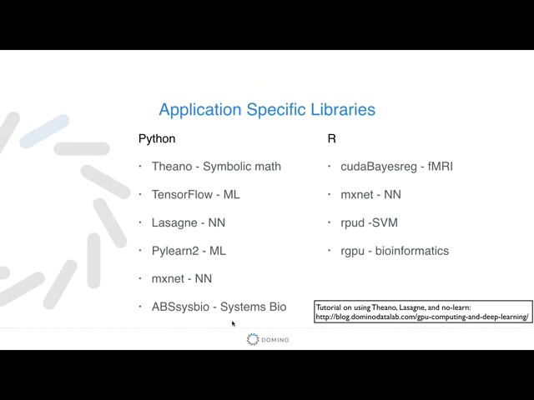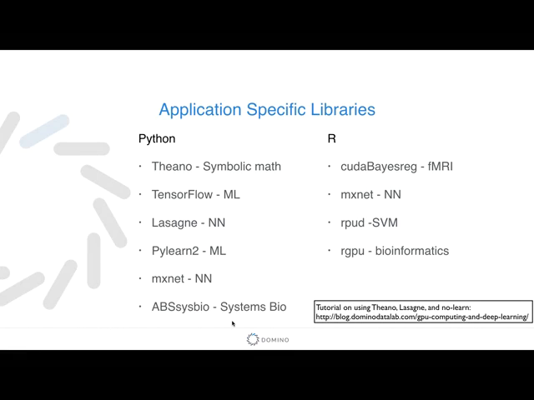MXNet is neural networks that works for Python and in R. RPUD is a package that accelerates things like distance matrix calculations, SVMs, hierarchical clustering, but very specific algorithms there too. And then finally, RGPU is a package that is great for when you want to accelerate some of your code and analysis in bioinformatics. It's a little bit out of date, but it still works.